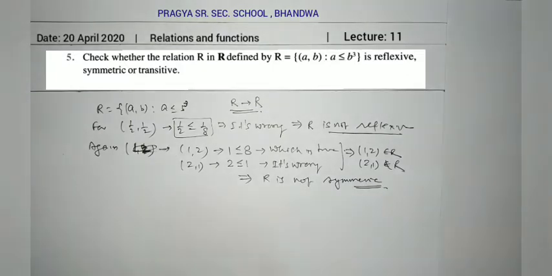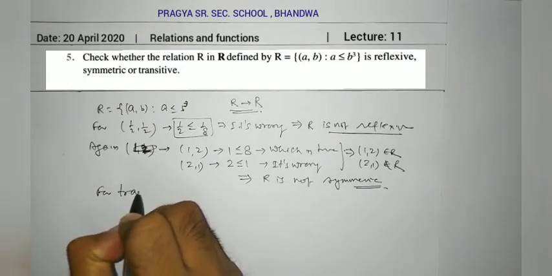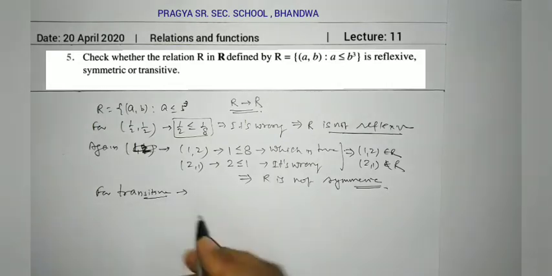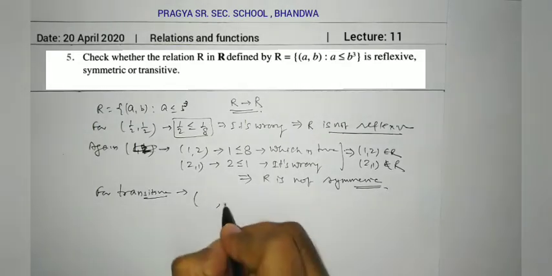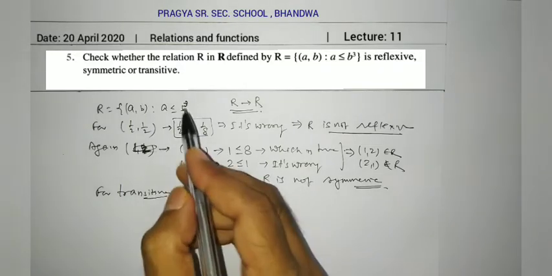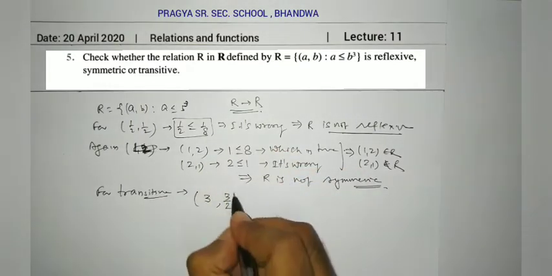Now for transitive, let's check. Suppose I am considering B as 3 upon 2. We need its cube, because B cube you need to consider, so its cube is 27 upon 8, and 27 upon 8 is 3 point something. So we will consider this number as 3, close to 3 upon 2 cube.